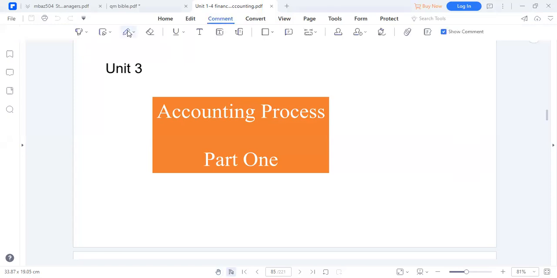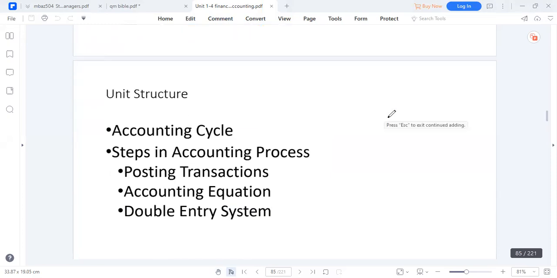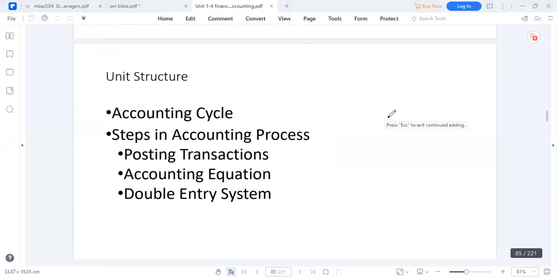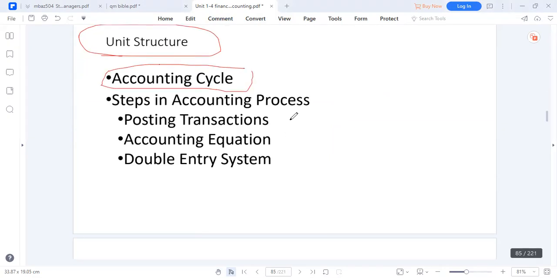We are getting down to financial accounting, financial management accounting. In this class, we are going to look at the unit structure in terms of the accounting cycle, the steps in the accounting process, then also the posting of transactions, the accounting equation, and the double entry system.